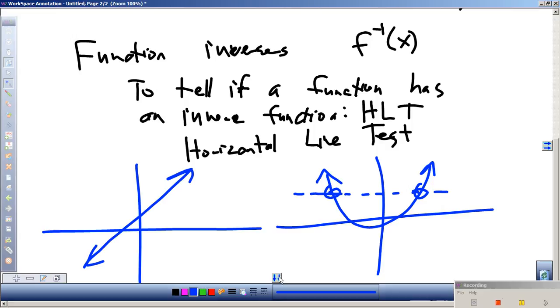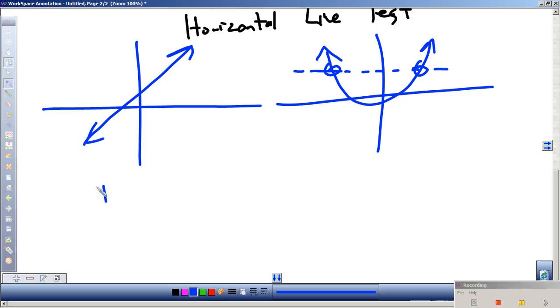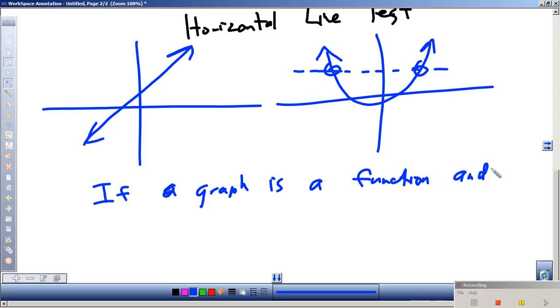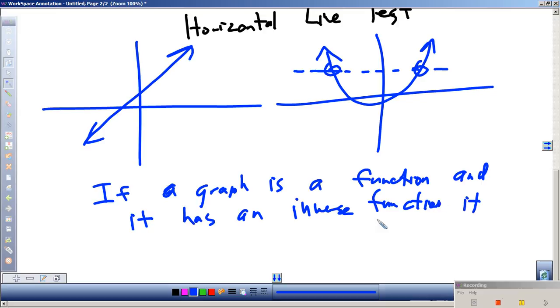Now, if, let's say, a graph is a function and it has an inverse function, it is 1 to 1.